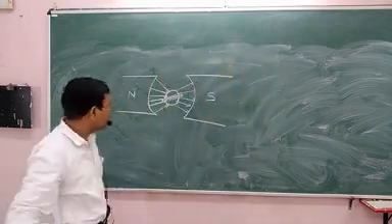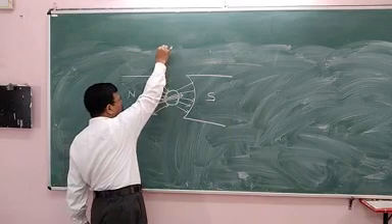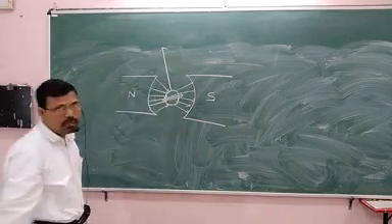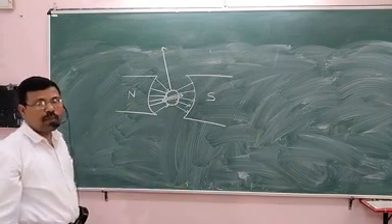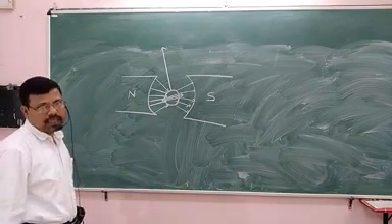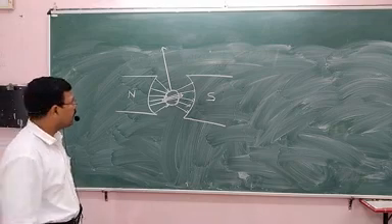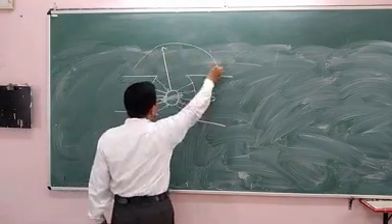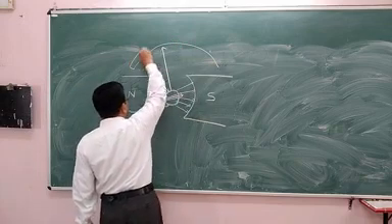Here is a pointer, an aluminium pointer. The aluminium pointer is attached to the rectangular current carrying coil, and the pointer is made to move on a scale. Here is a scale.